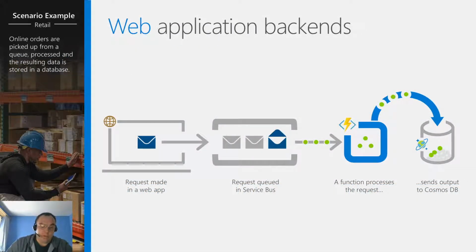So before we dive into all the specifics, let's look at a couple of real world scenarios where I've seen serverless being used at some customers that I've worked with. One is, of course, a web application backend.